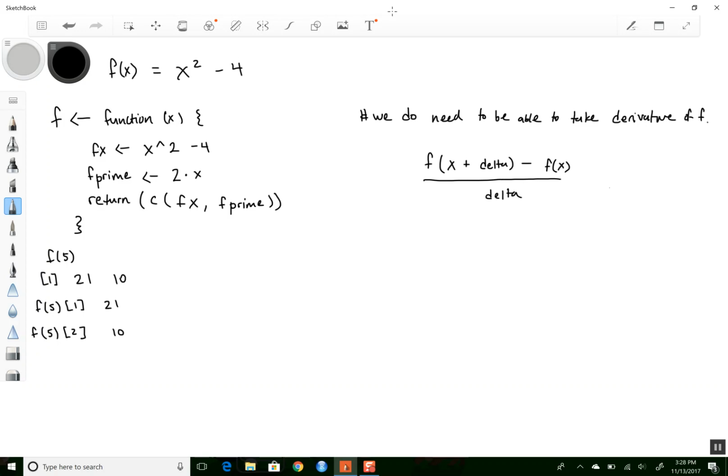We could use delta equal to 10 to the minus 6 or something. We just use a tiny delta, and this will give us something that's pretty close to f prime. So if you're unable to figure out the derivative as a function, you can approximate it using this.